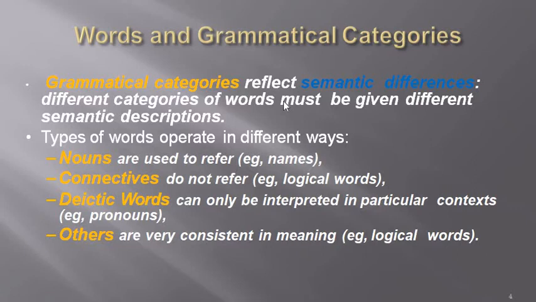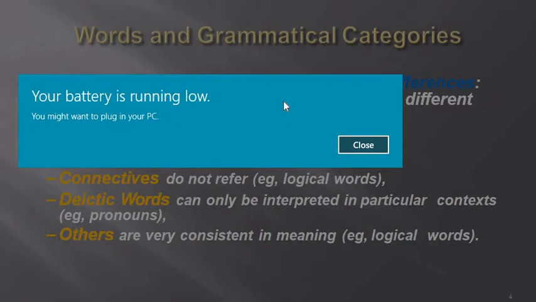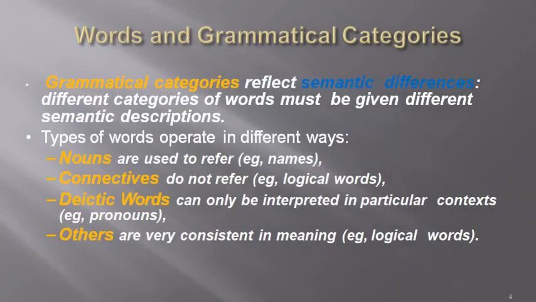Every grammatical category reflects different semantic descriptions. So, as I told you, there are differences between the grammatical division of words and the semantic division of words in lexical semantics.